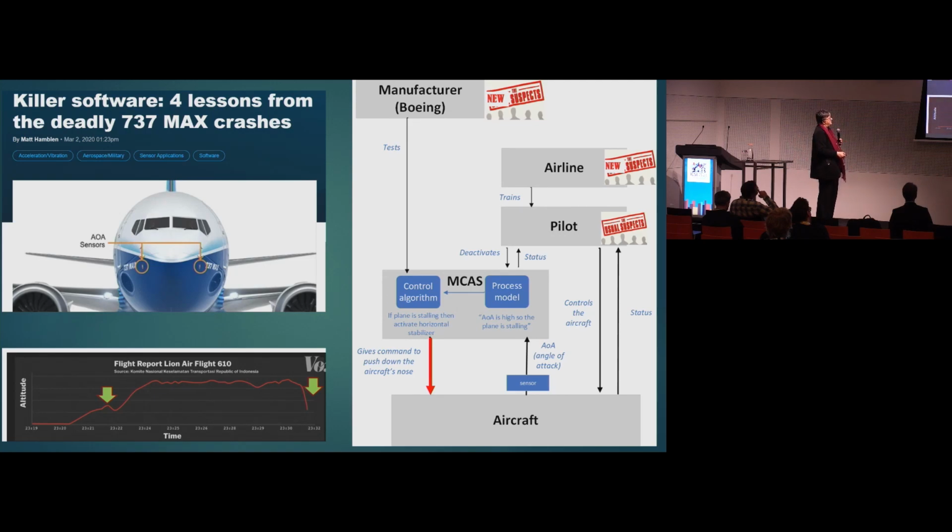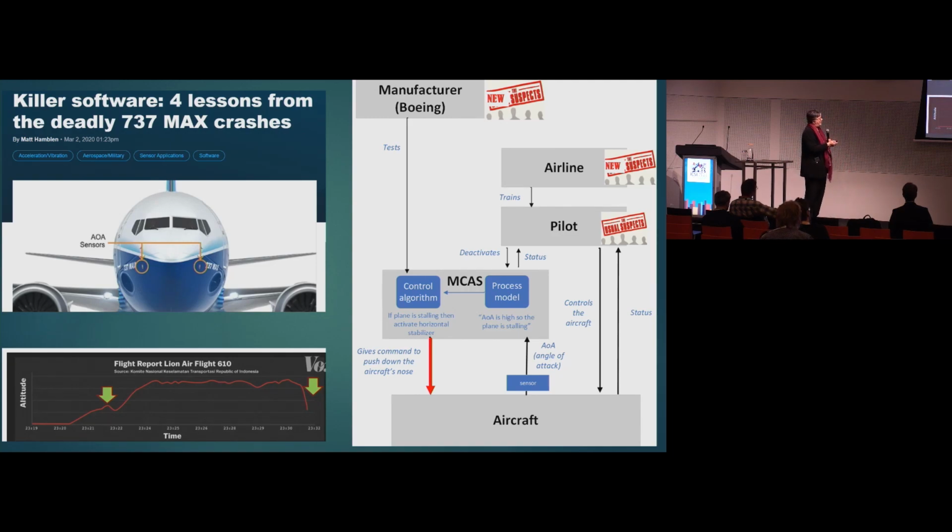Because it was receiving wrong information about the angle of attack from these sensors here. You see we have these controllers, we have the software, and here you can also see how the MCAS was pushing the nose down and the pilot was trying to restore the plane. And then the MCAS was pushing the nose down again until the plane crashed.